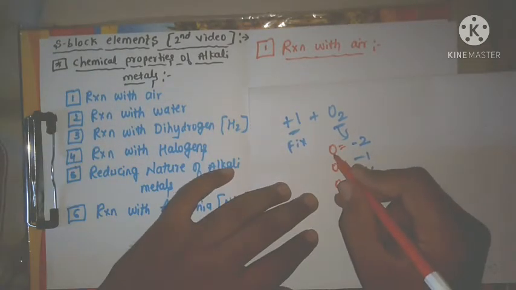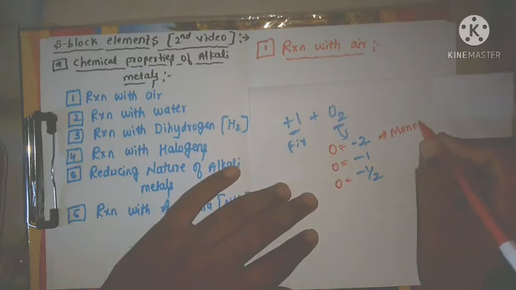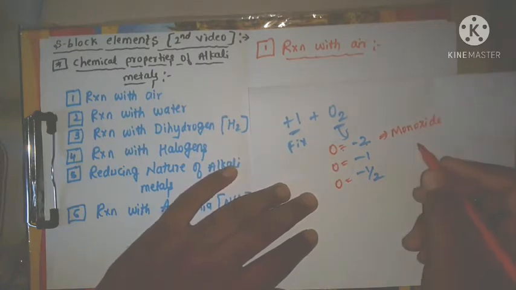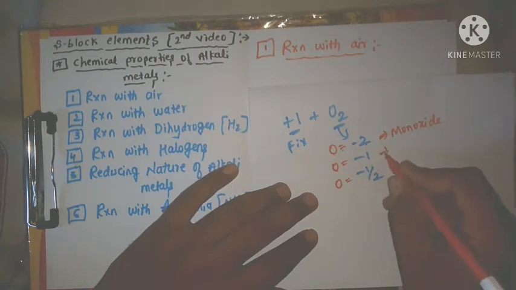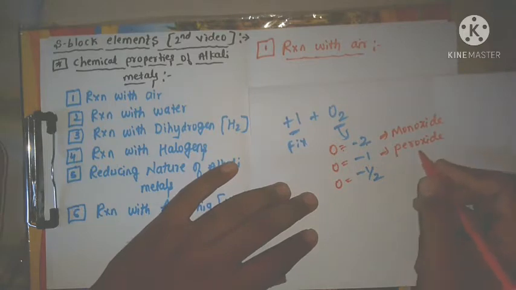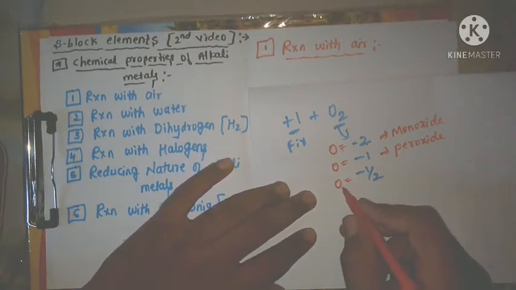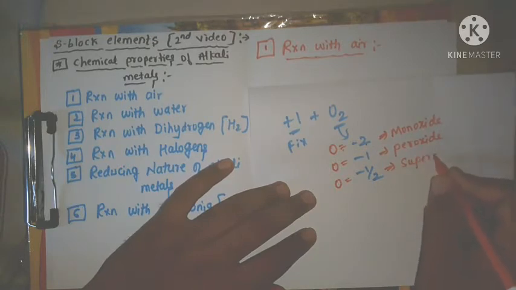If the oxidation state of oxygen is -2, that is called monoxide. If the oxidation state of oxygen is -1, that is called peroxide. If the oxidation state of oxygen in the compound is -1/2, then it is called superoxide.